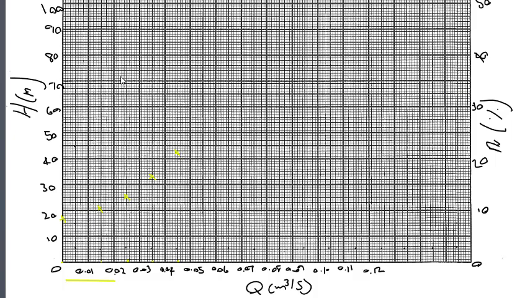Then our next point would be 0.055, which is on this line. Let's mark it, which is 55.3. So it will lie somewhere here. And there you go. This is your H system line that you can connect. So you can connect the data points now.